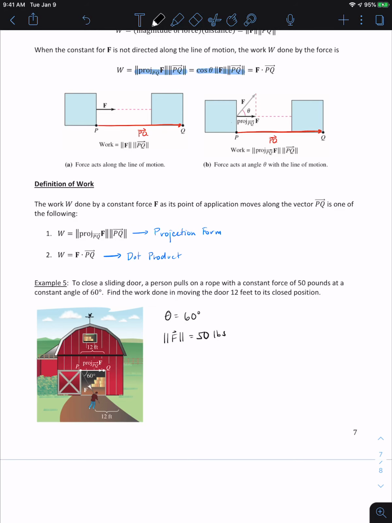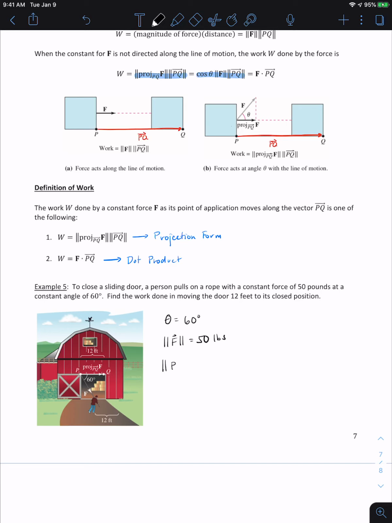And then the magnitude of PQ is just the length, because remember, we can also think of magnitude as the length of the vector. So that's just the length of how far I'm going to do this pulling, and that distance is going to be the 12 feet.